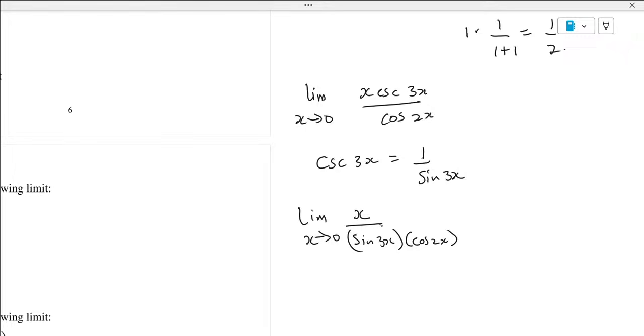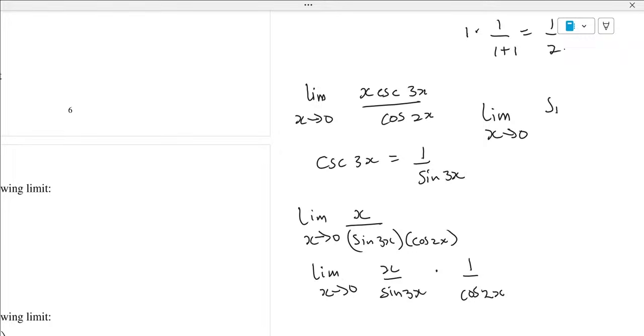We can split whatever we have here. And we will have the limit as x approaches 0 of x over sine 3x multiplying 1 over cos 2x. Right. Now, you see, this principle is very nice.